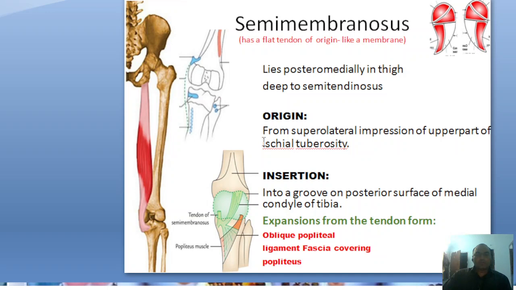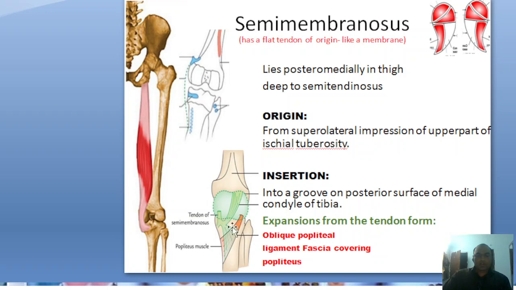Origin is from the supralateral impression of the upper part of the ischial tuberosity. Insertion is into a groove on the posterior surface of the medial condyle of the tibia. So in the medial condyle of tibia, a groove is present posteriorly, and in this groove is the insertion of semimembranosus.